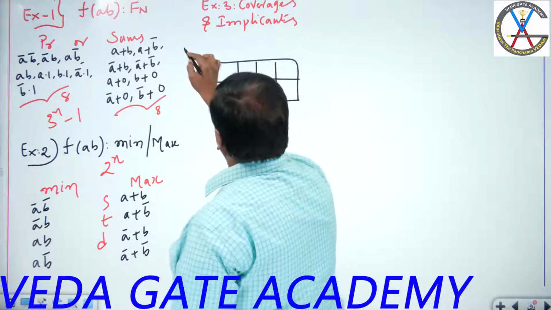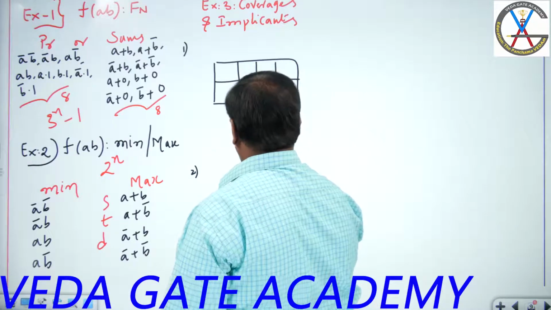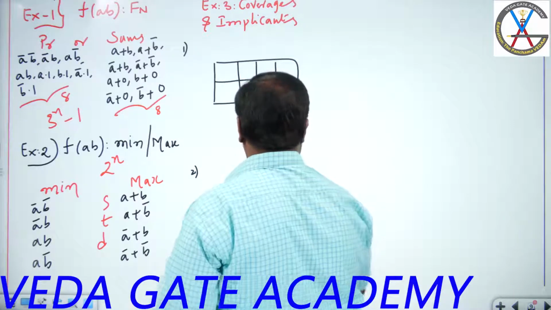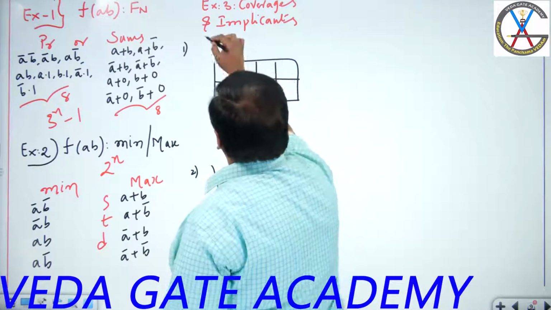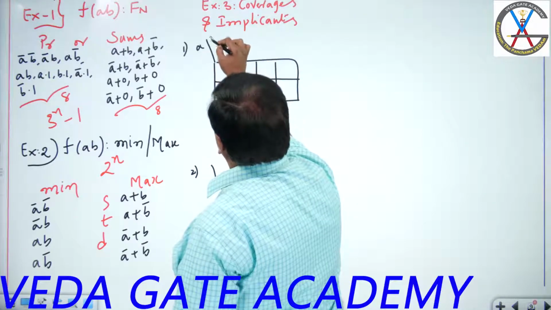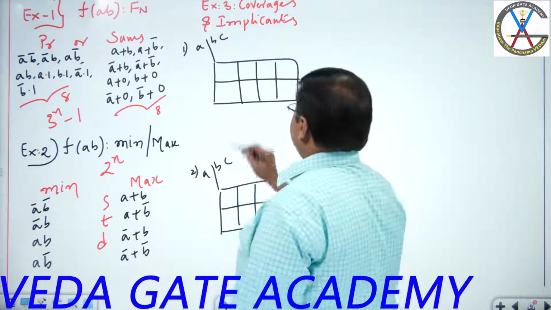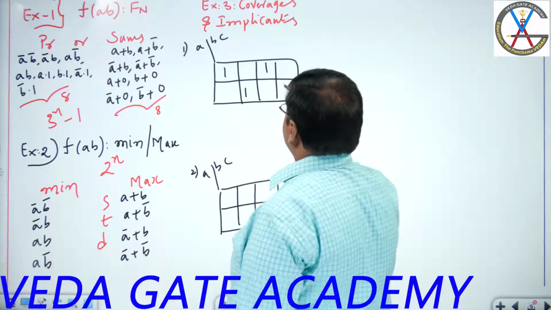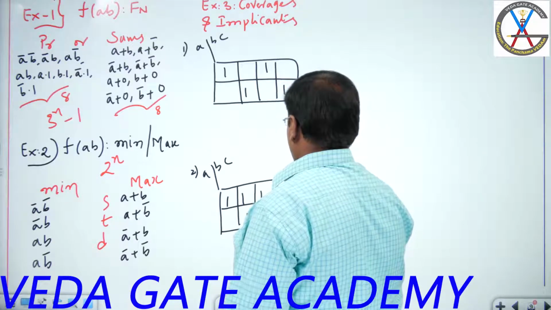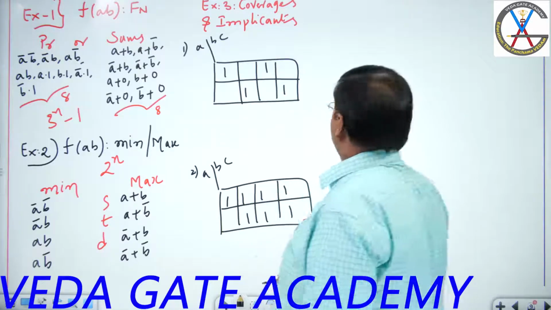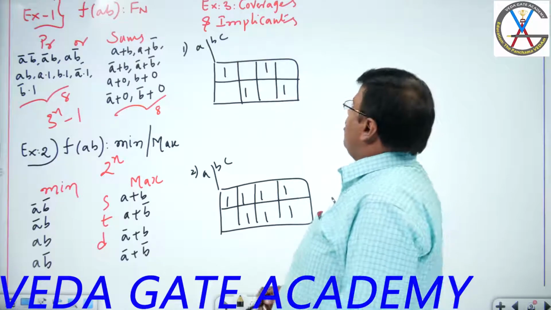Map 1, map 2. Here is ABC, here also ABC, and I have the functions like this. So how would you declare the coverage and implicants in both?